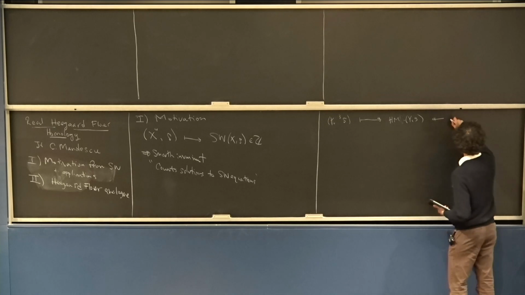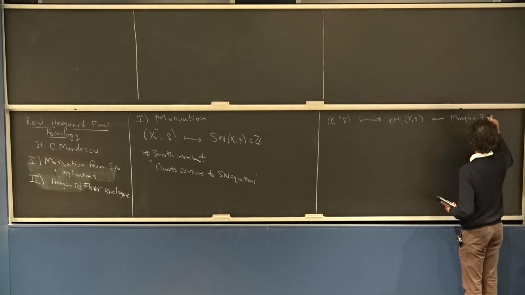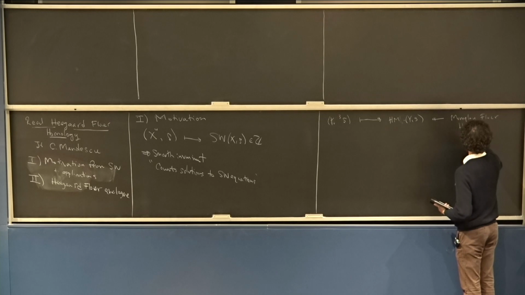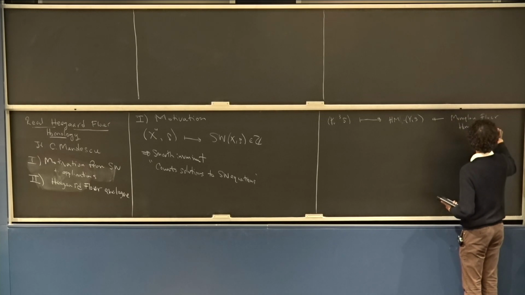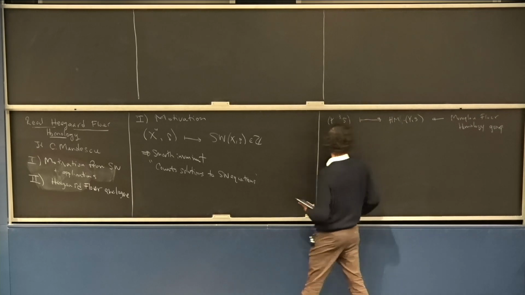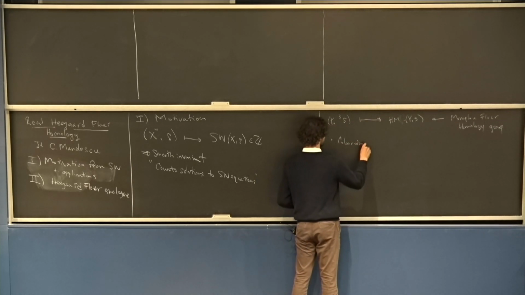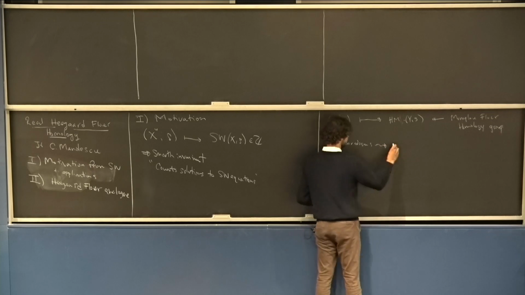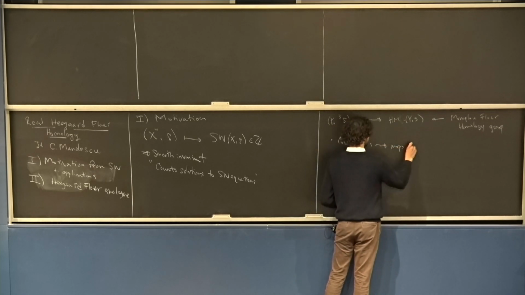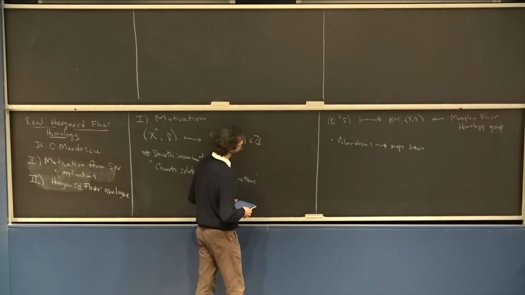So these are the monopole Floer homology groups. Right, and these satisfy some TQFT properties, so in particular cobordisms give you linear maps between your monopole Floer homology groups. Okay.